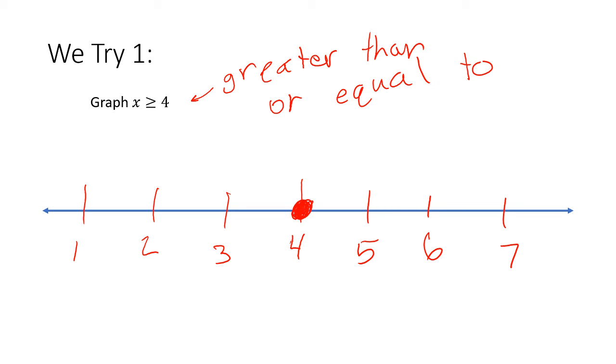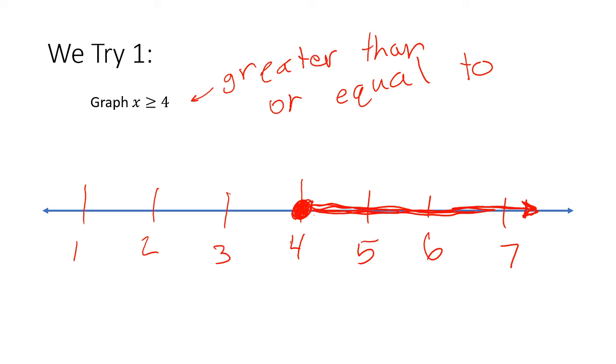So I'm going to need a solid dot at 4. And then this is the direction that it is greater, so I'm going to sketch a little line and an arrow to indicate that it's greater.